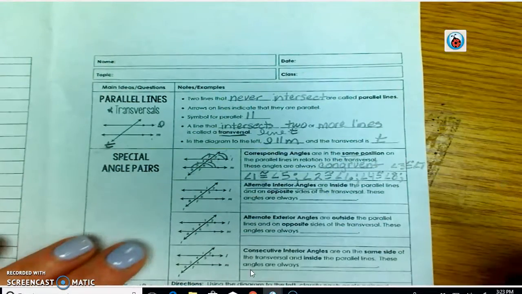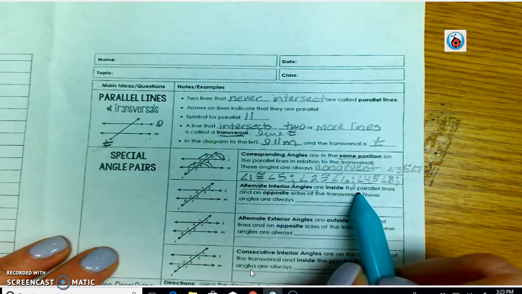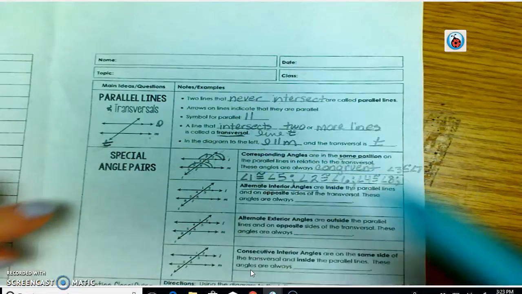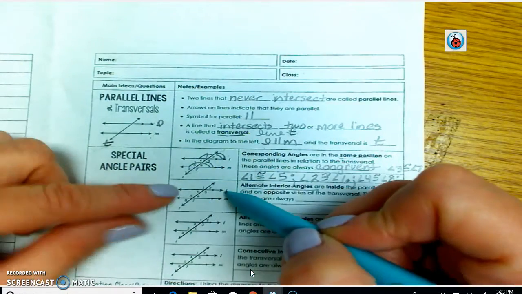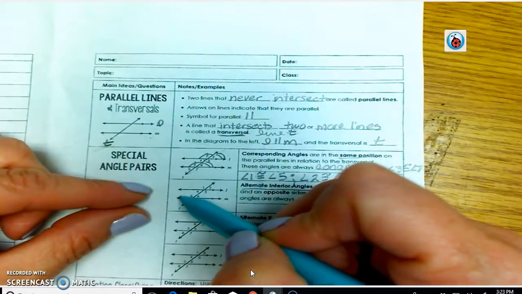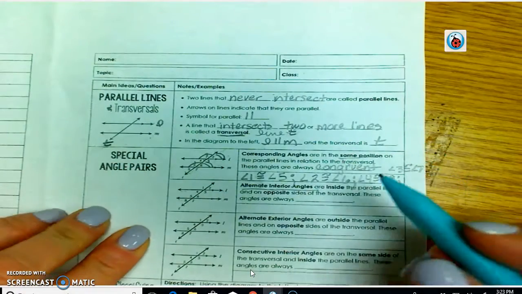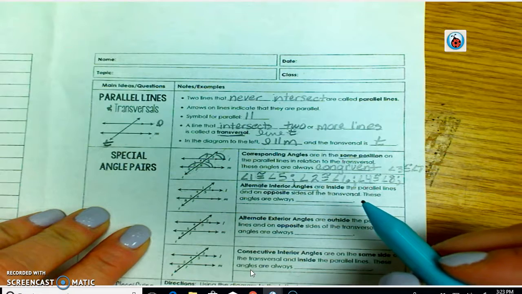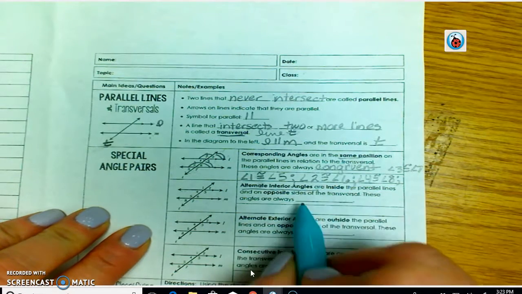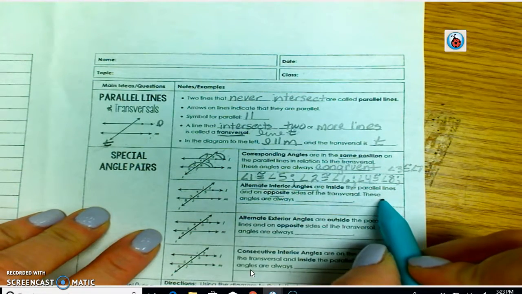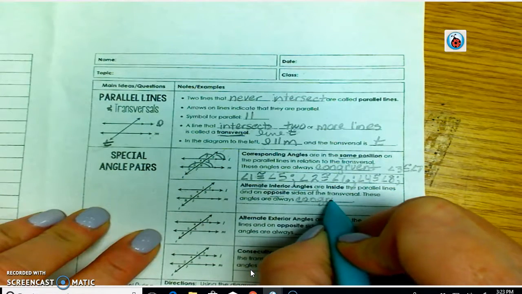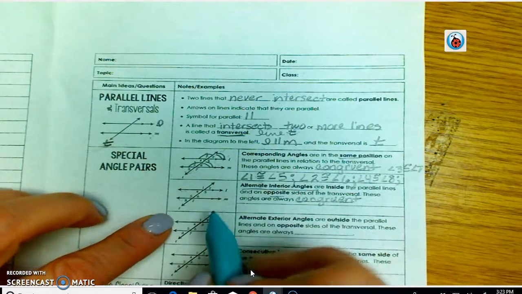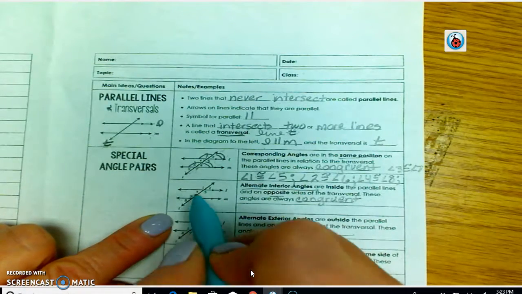Alternate interior angles are on the inside of the parallel lines, and when I talk about inside, I mean between L and M, so they've got to lie between these two lines, and they are on opposite sides of the transversal. These angles are always congruent. So let's look at the alternate interior angles.